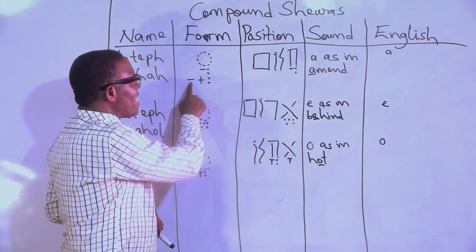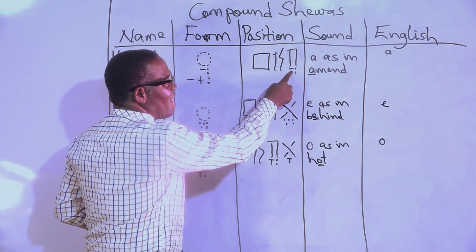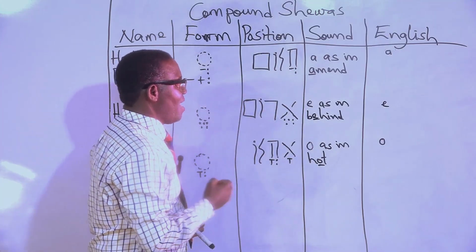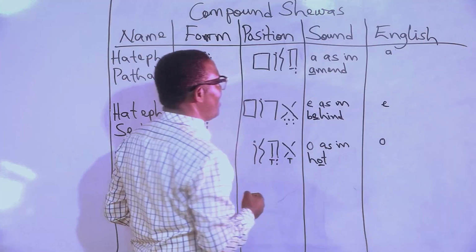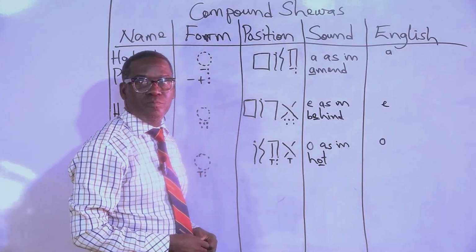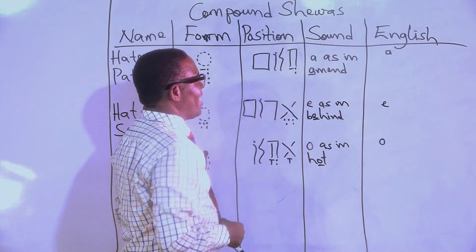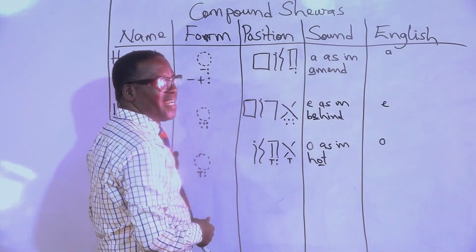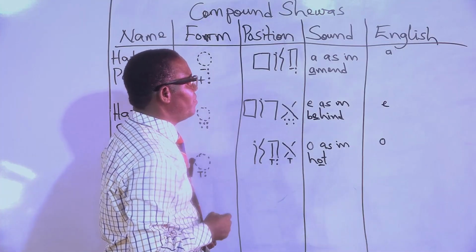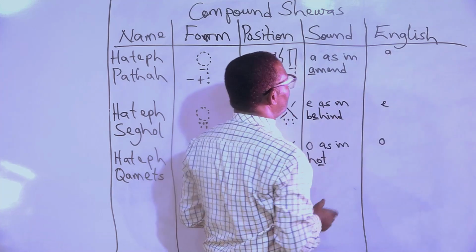Now the sound of this compound shewa will be a, but it will be brief in pronunciation, as pronounced in this word, alone. See that this Hateph Patah is pronounced so briefly, alone. In English representation, it is written as small.